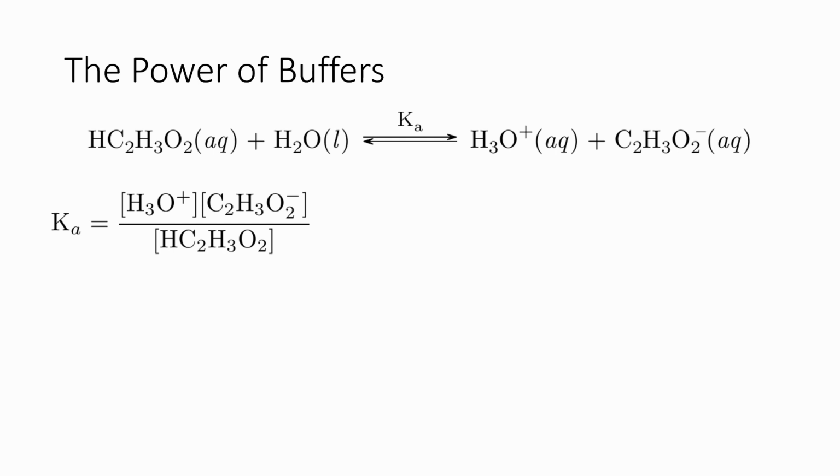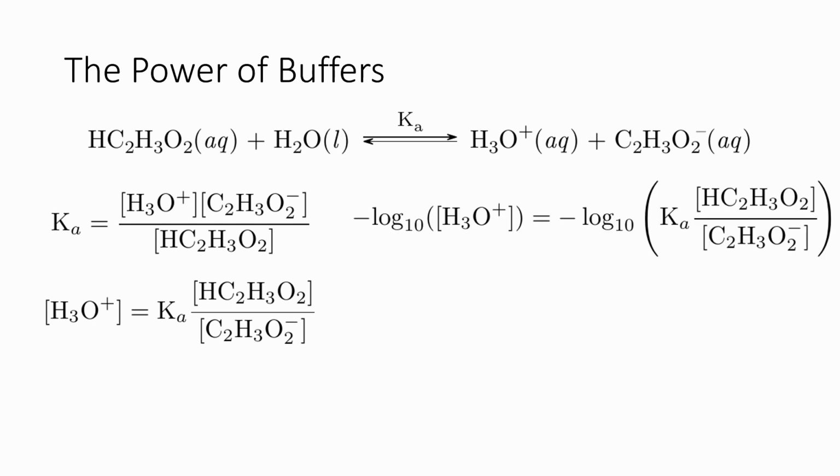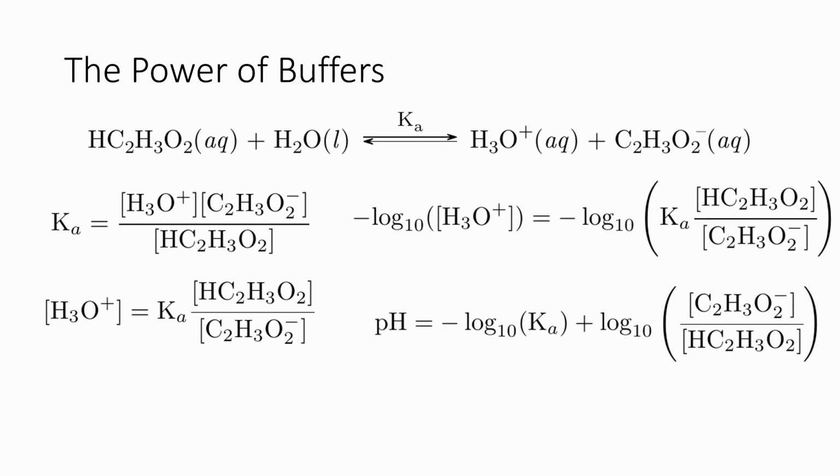Starting with the equation for the dissociation of acetic acid and water, we can write Ka as this. We can rearrange this equation to have the hydronium ion concentration on the left. Because pH is simply the negative log of the hydronium ion concentration in solution, we can take the negative log of both sides of the equation and expand it.